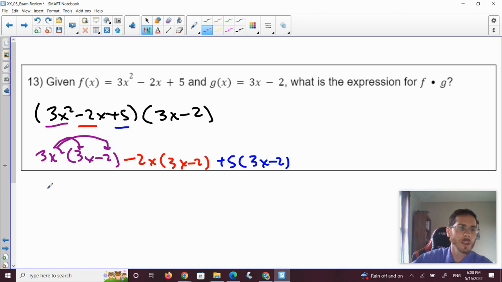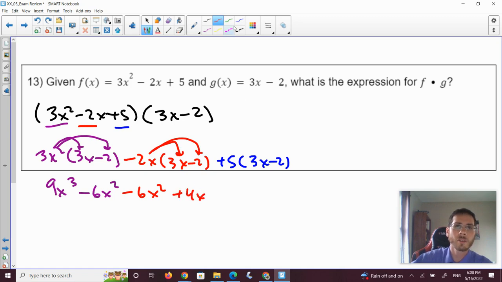All right, so let's distribute. So 3x squared times 3x is 9x to the third. 3x squared times negative 2 is minus 6x squared. Negative 2x times 3x is minus 6x squared. Negative 2x times negative 2 is plus 4x. 5 times 3x is 15x. 5 times negative 2 is minus 10.